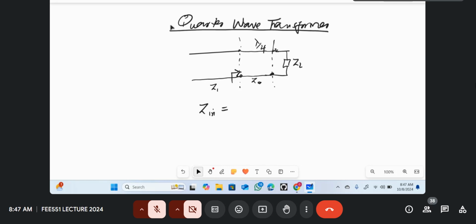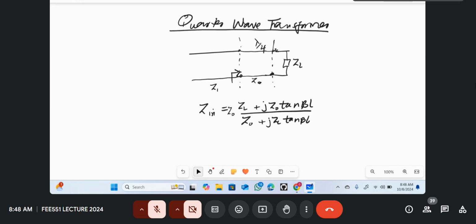Referring to Z1 here, we will have Z naught times ZL plus j Z naught tan beta L, divided by Z naught plus j ZL tan beta L.